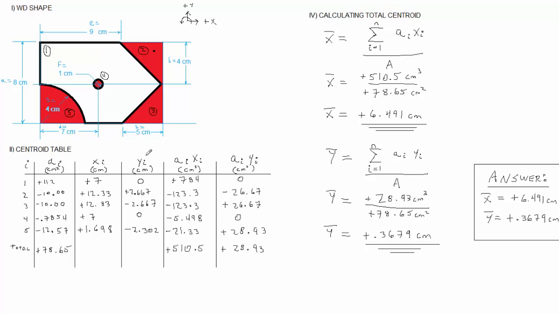Now what exactly does that mean? Well, that's the actual location of the center of the shape. So let's take a look really quick. If we were to say that's the center, I always like to graphically check this. So here's 7 centimeters, so 6.5 is going to be right about here. And then the 0.3 is going to be somewhere in approximately this location.